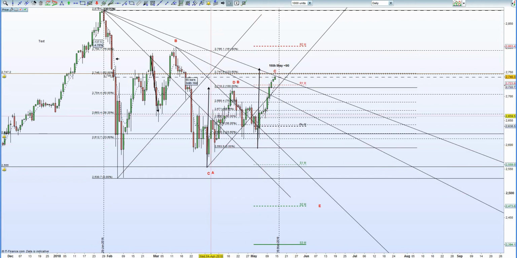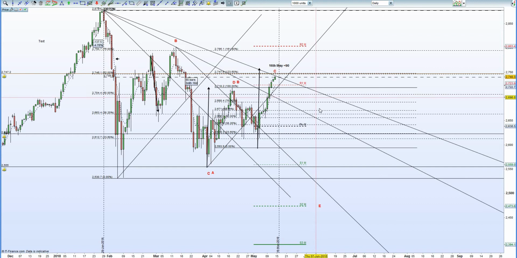Now, what we can do on this one, we can even count this. What I'm saying, this is where, as I said, I'm not getting too carried away with this continuing to run up and make an attempt at the high back in January, because here we have a bullish ABC, if we count it from here, which has exact harmonic moves from this one to this one, which measures out around 27.55.